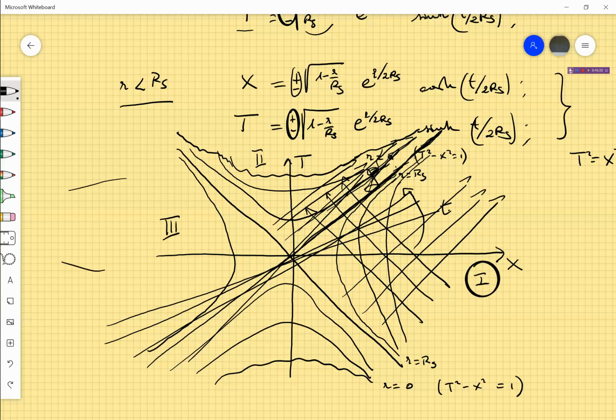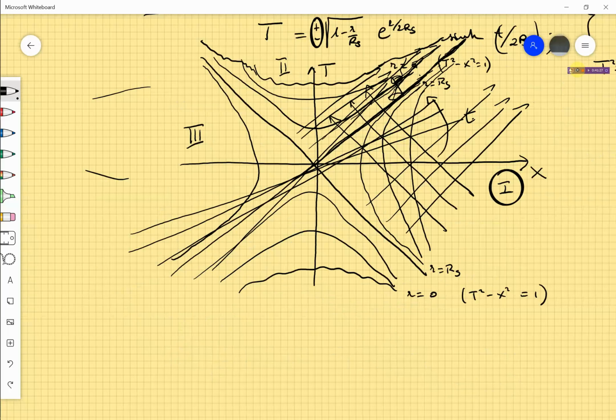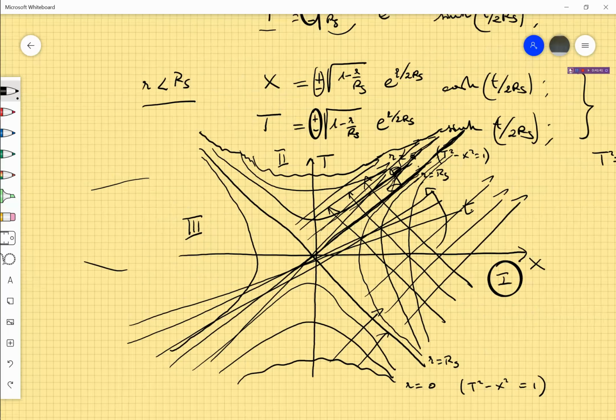And here there is another singularity, but it's a singularity that you can never reach because you move forward in time, so you can never reach it. But things that come eventually from this singularity may reach you. This is the singularity of the black hole.